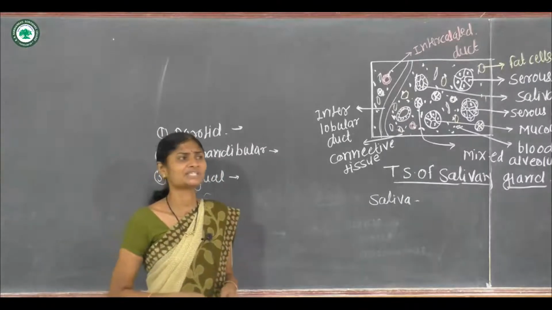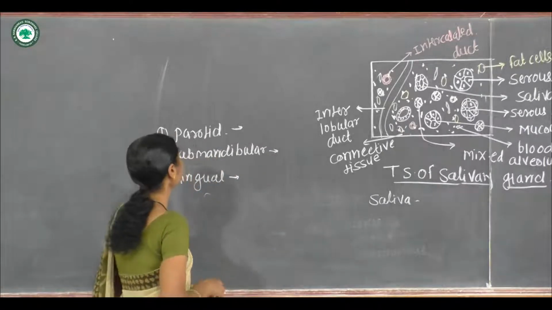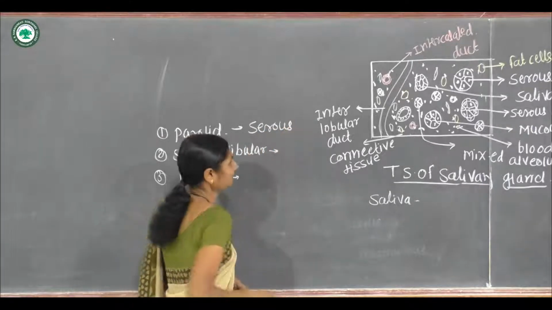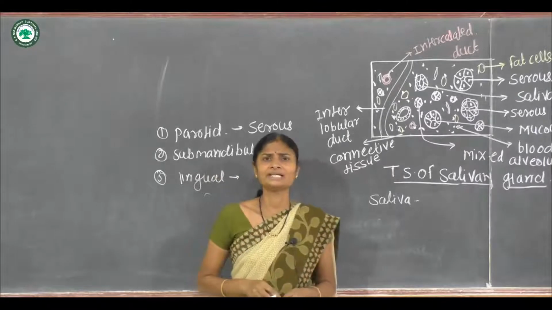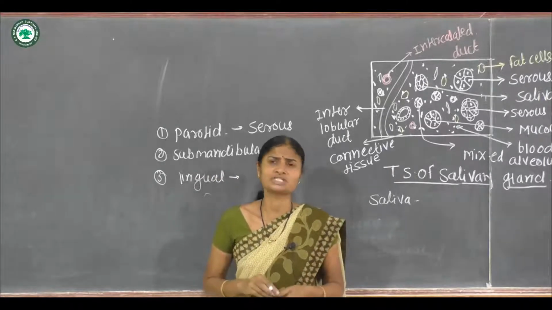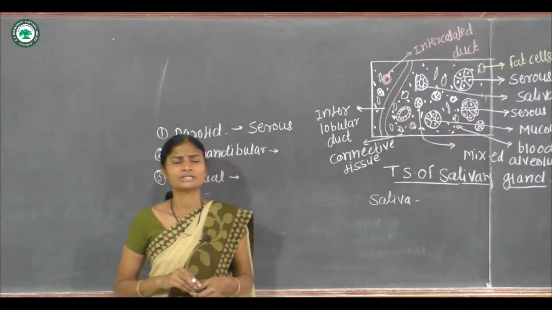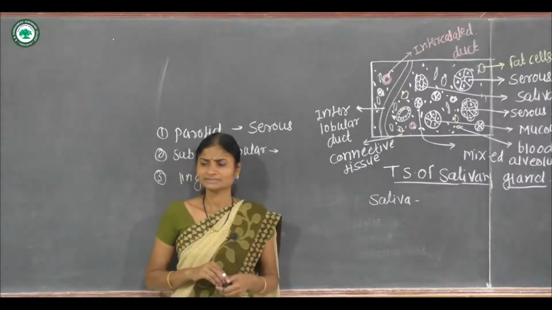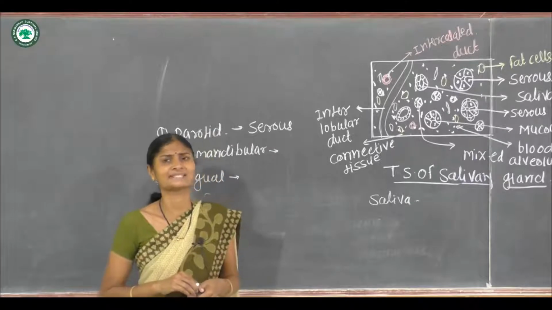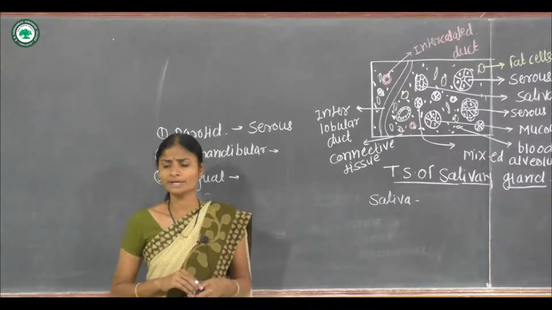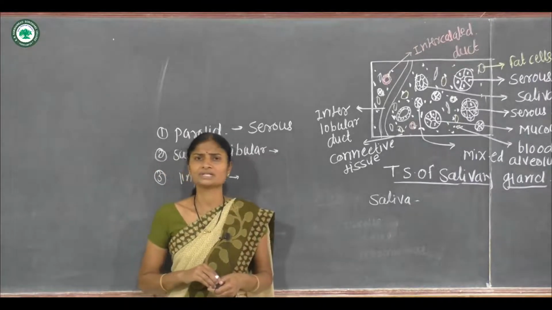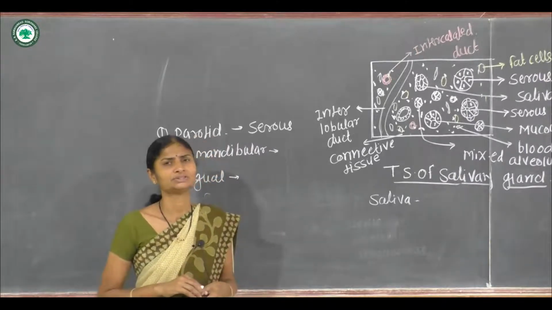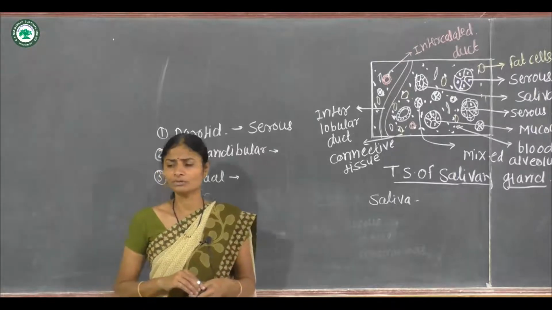They are entirely serous in nature and mainly secrete a watery secretion, rich in protein. These parotid glands are two in number and located just in front of the earlobe.